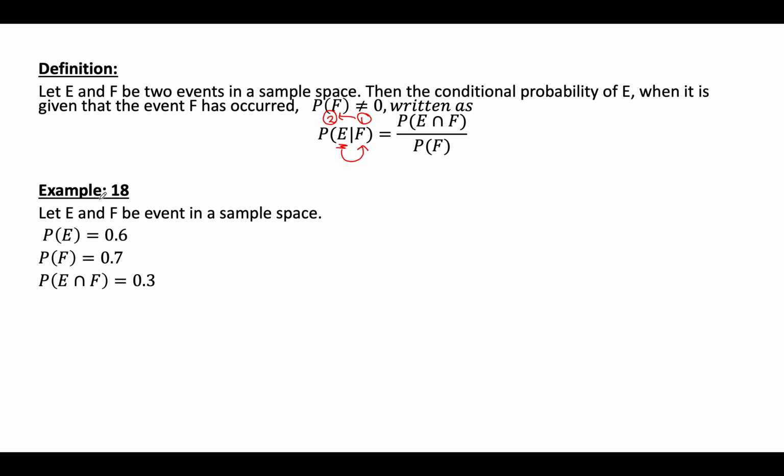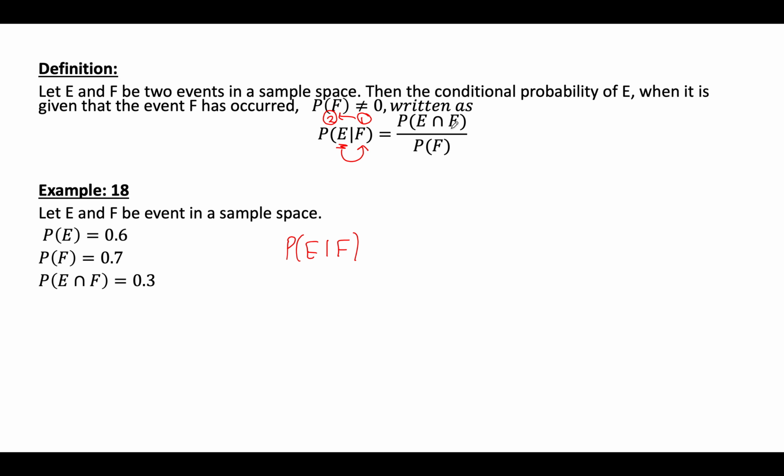An example here shows that E and F are events in a sample space. If the probability of E is equal to 0.6, F is equal to 0.7, and the intersect is equal to 0.3, then in order to find the probability of E given that F, we can do what? We can just apply this rule.